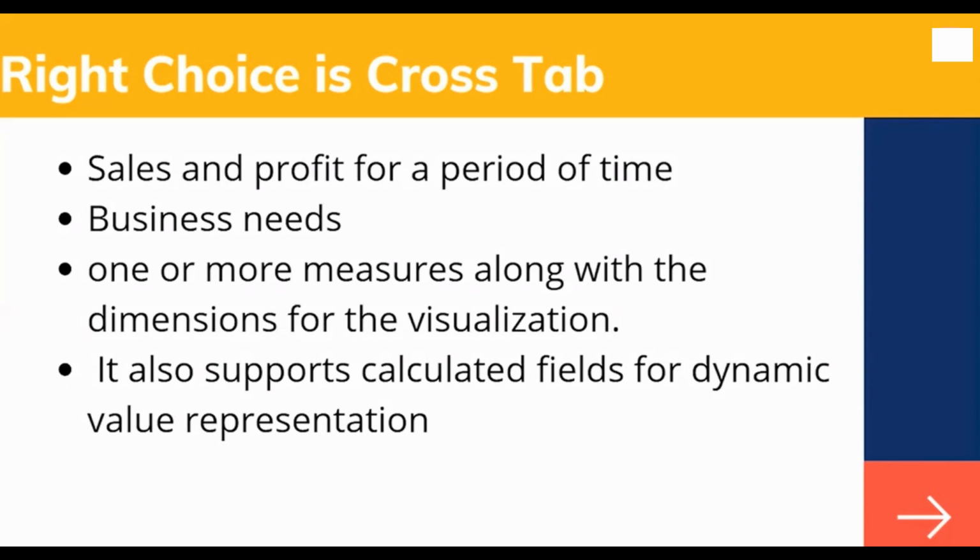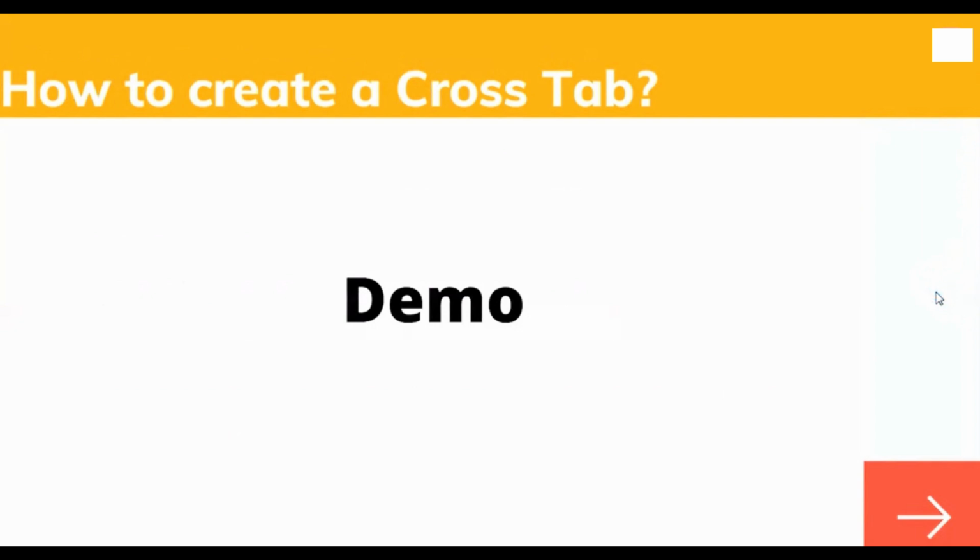Now this is the scenario, and you have decided that crosstab is the best form of visualization for this particular problem statement. So now you know when exactly I need to make use of a crosstab. The next very important thing you need to understand is how exactly we can create a crosstab, and what are the things that a crosstab would allow me to do.